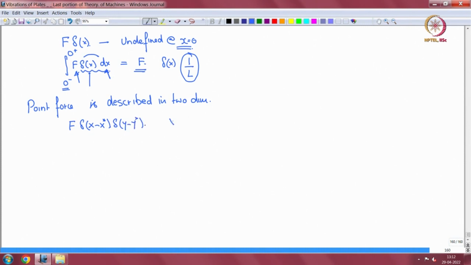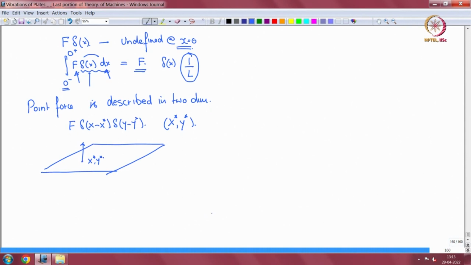The force is applied at x star comma y star. So on the plate the force is applied locally at a point at x star comma y star, and it is described in this fashion.